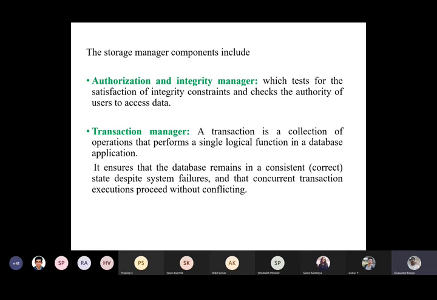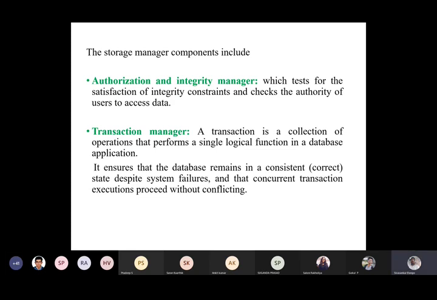It has both a debit operation as well as a credit operation, but it performs a single logical function. It is going to debit your account, and it is going to credit the electricity board account. So a transaction is a collection of operations that performs a single logical function in a database application.